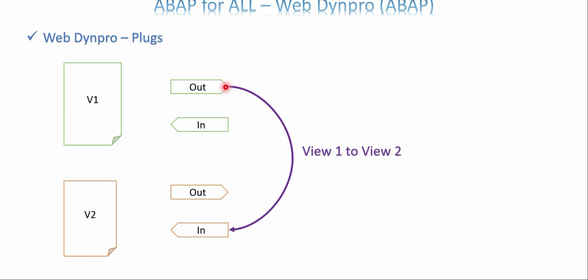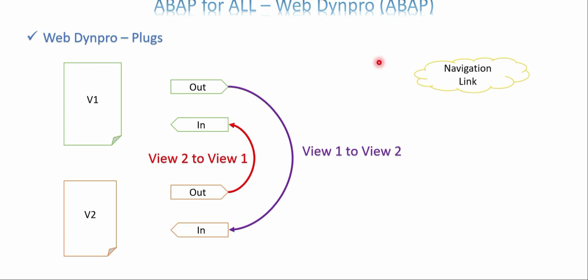Okay, so that is going to be like this. So view 1 outbound to view 2 inbound plug, you have to make it. Okay, and in the same way, if I want to go back to view 1, then create a navigation link between the view 2 outbound plug and the view 1 inbound plug. Okay, so this process we call the navigation link.